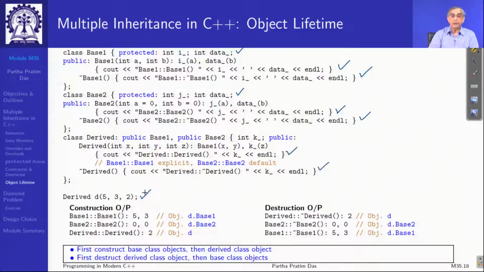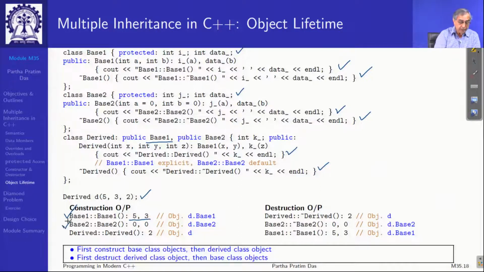When I construct this derived class object, naturally the base 1 object will first have to be constructed. So that constructor gets called and you get 5 3 set to the base 1 part of the instance.